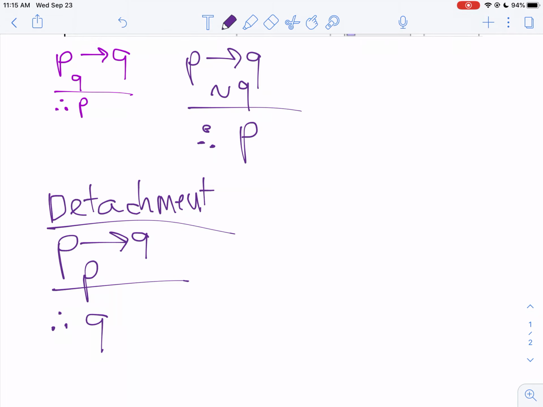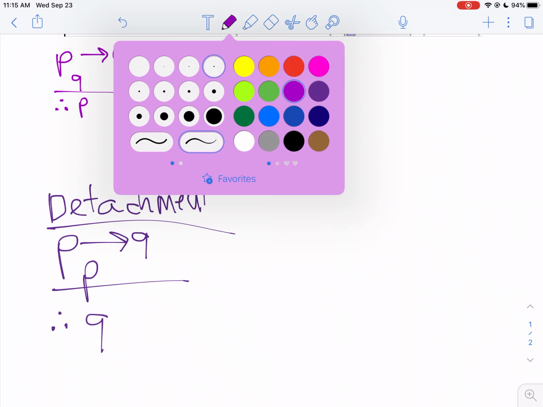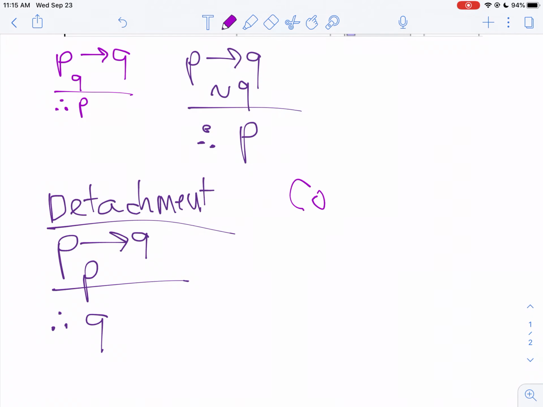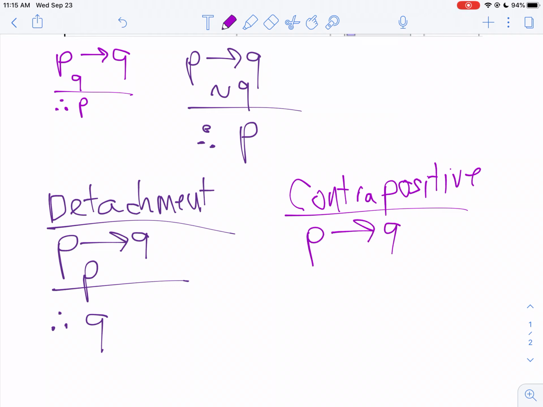Then there's the law of contrapositive, that says if P, then Q. If Q doesn't happen, therefore P doesn't happen.